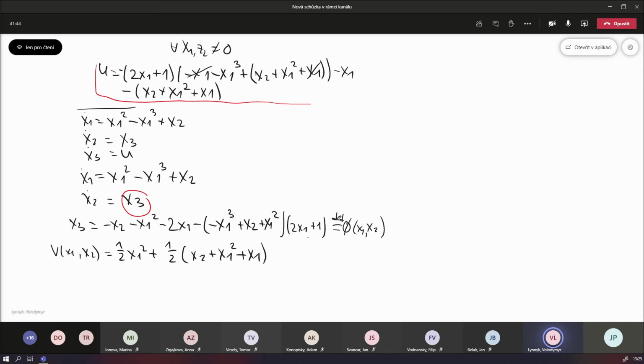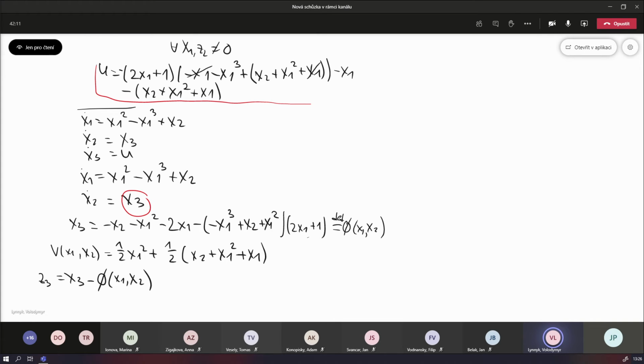And step 2 is we need to stabilize the third row, and this z3 equal to x3 minus this phi from x1, x2.